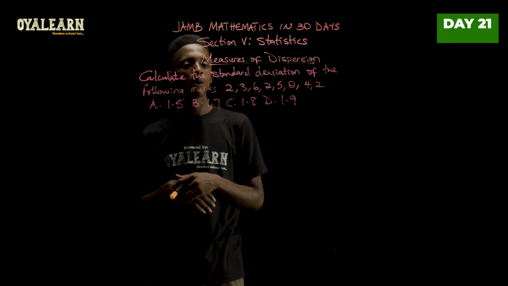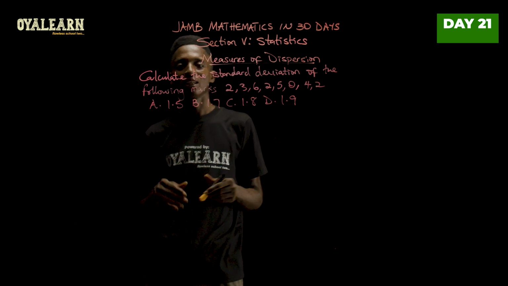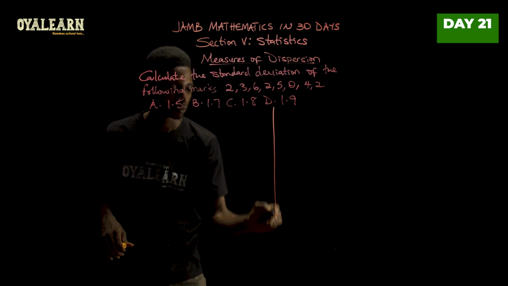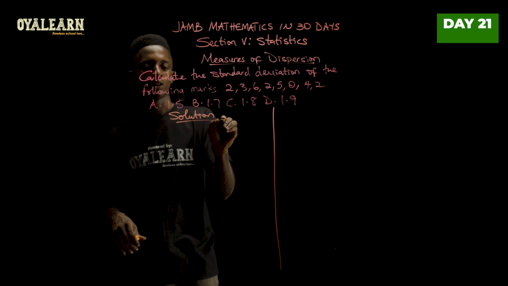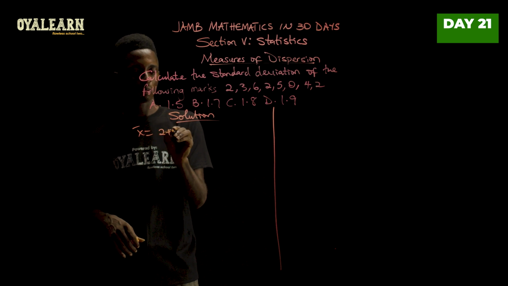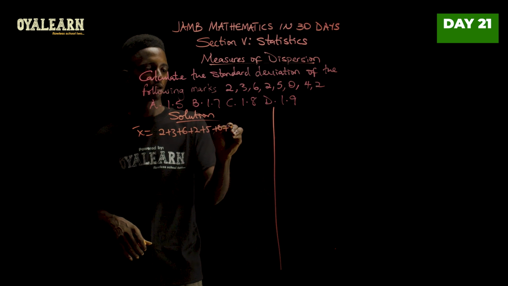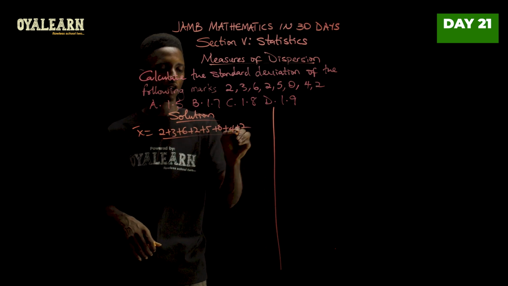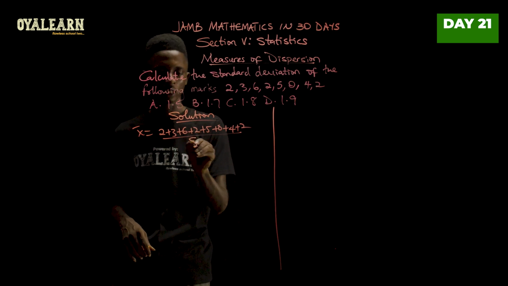To solve this problem, where we have to find the standard deviation of these marks, we start by finding the mean. So the mean will be the sum of all of this. So we have 2 plus 3 plus 6 plus 2 plus 5 plus 0 plus 4 plus 2, all divided by 1, 2, 3, 4, 5, 6, 7, 8.